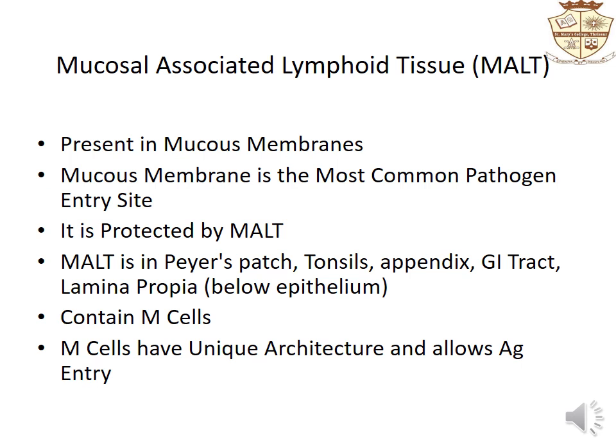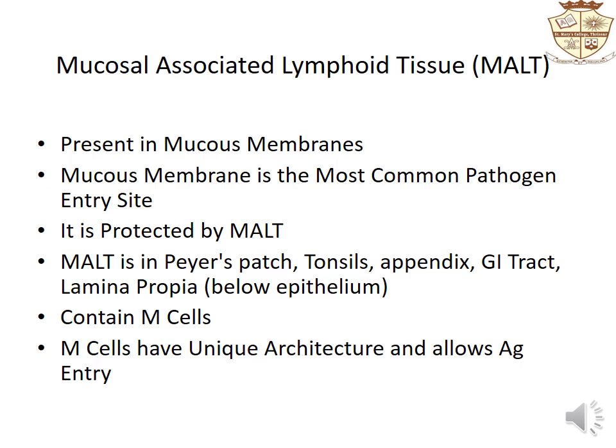Since these mucosal membranes are the major sites of entry for most pathogens, they have to be protected, and this immunological defense is mediated by a group of organized lymphoid tissues known as the MALT. MALT contains large numbers of T lymphocytes, B lymphocytes and macrophages, and they encounter antigens passing through the mucosal epithelium.